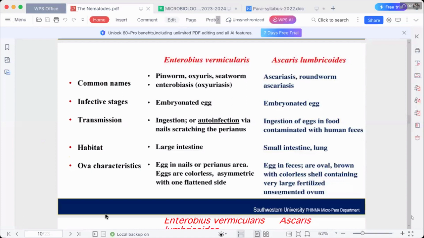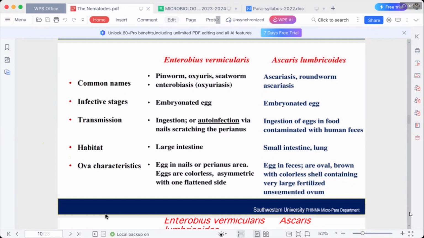The infective stage is the same, embryonated egg, and the transmission is ingestion of eggs found on food that is not well prepared, and water contaminated with human feces. So that's why we always wash our hands and everything else. This is the reason why, to not get the Ascaris infection, especially in the slum areas.